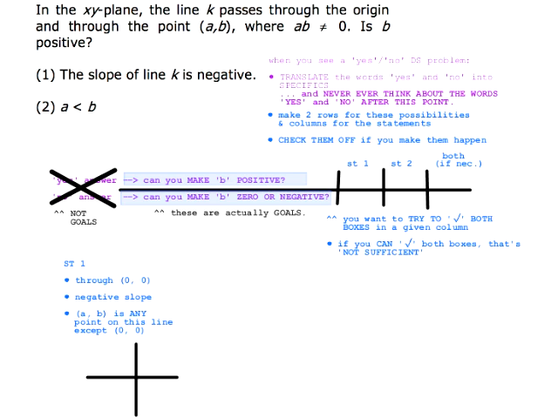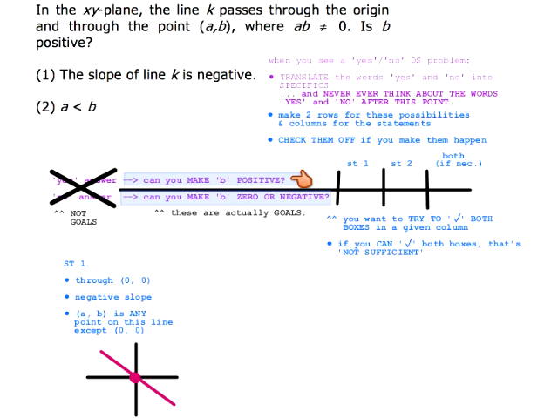Let's just draw a picture of it. So here's a line with negative slope. It goes through the origin. Here's the origin. If you have these goals, you're going to realize right away this is not sufficient.